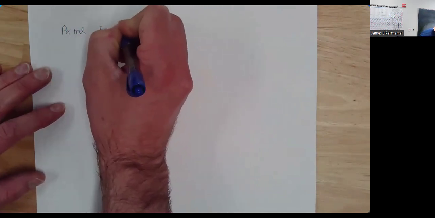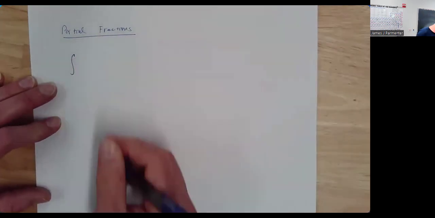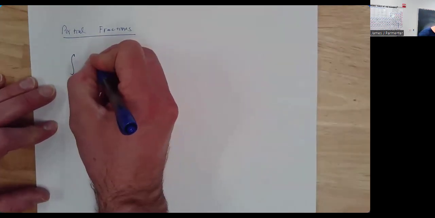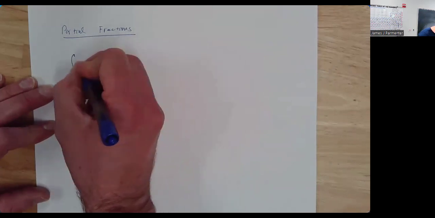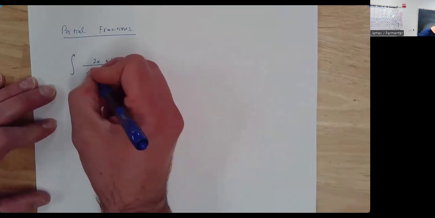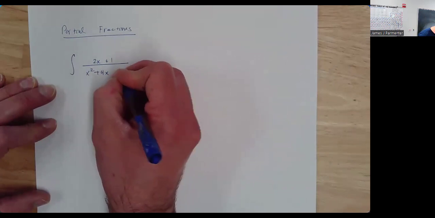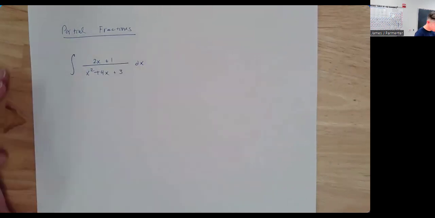So partial fractions, what does that even mean? Well, if you're trying to integrate something like 2x plus 1 over x squared plus 4x plus 3, almost a perfect U sub.